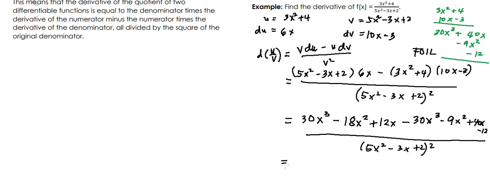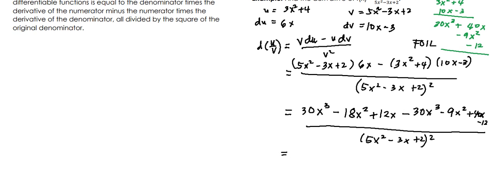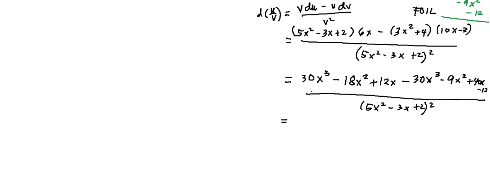Now, ang next natin gagawin dito ay kailangan nating i-combine yung magkakaparehang term. Pag sabi kong magkakaparehang term, that means yung kanyang variable and exponent or yung tinatawag nating degree ay pare-pareho. So, yun lang yung combine natin. In this case, we have 30x cubed minus 30x cubed.